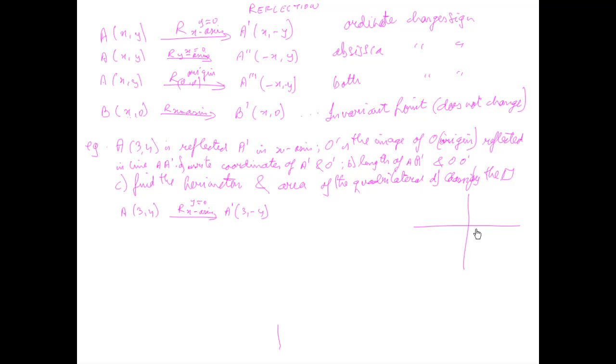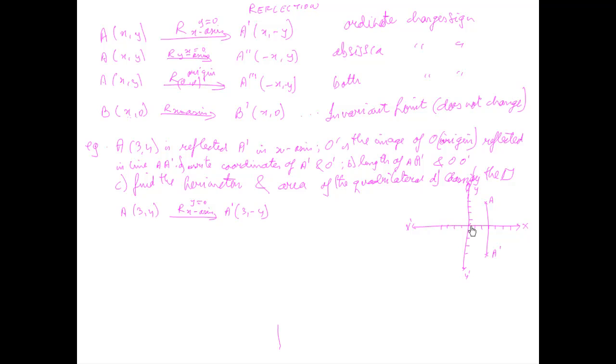The point 3, 4 comes over here. That's A. It's reflected in the x-axis, so it comes down to give coordinates 3, -4. That's A dash.